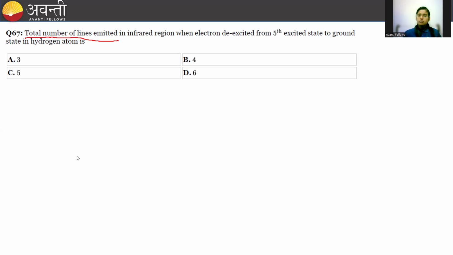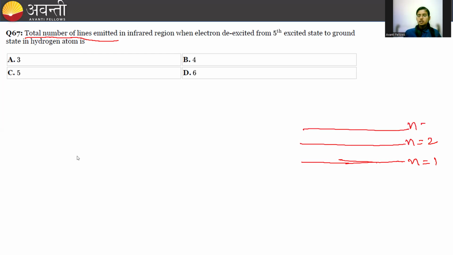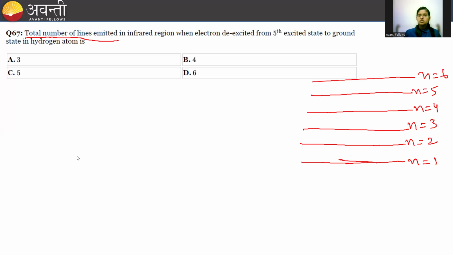Let me take the diagram. Suppose this is n is equal to 1, this is n is equal to 2, here it is 3, and this is n is equal to 4, this is n is equal to 5, and this is n is equal to 6.